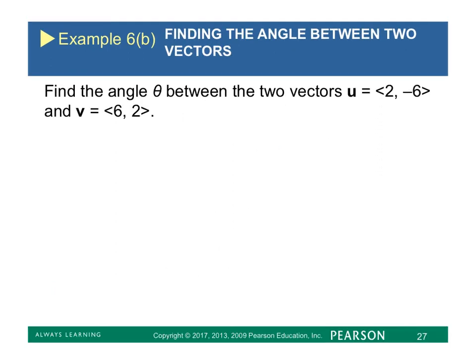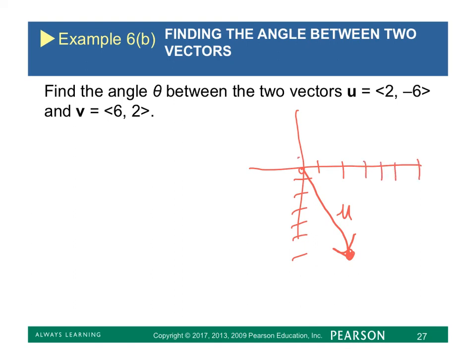Next problem. Find the angle theta between two vectors. Okay, let me draw, because inquiring minds want to know. 1, 2, 1, 2, 3, 4, 5, 6. That vector goes from 0, 0 all the way to here. That's vector u. Vector v is 6, 2. 1, 2, 3, 4, 5, 6, 1, 2.